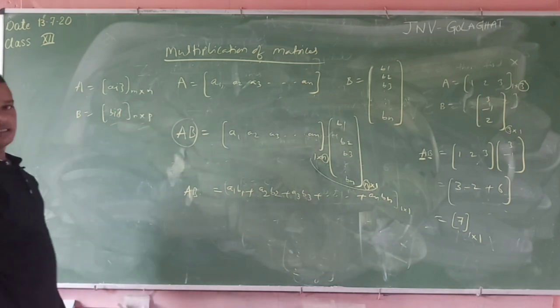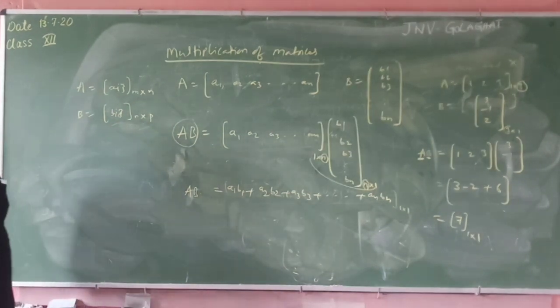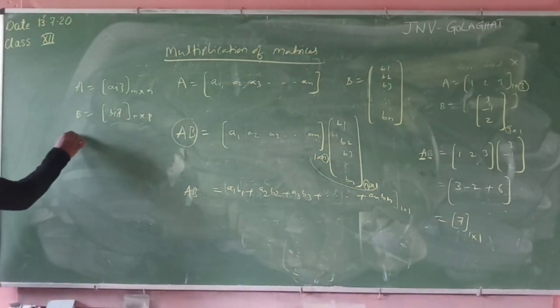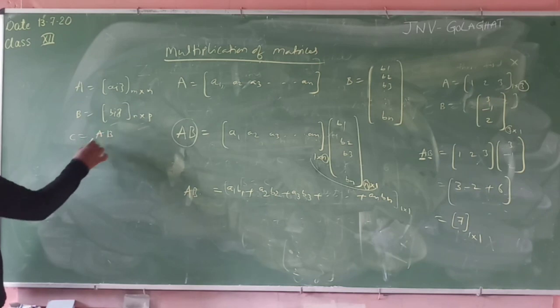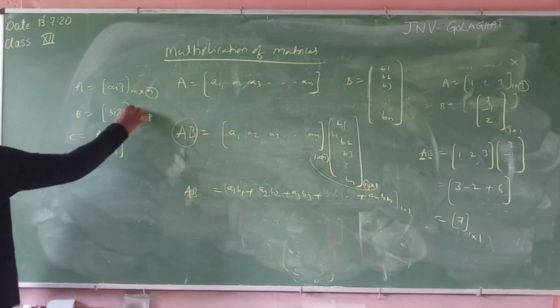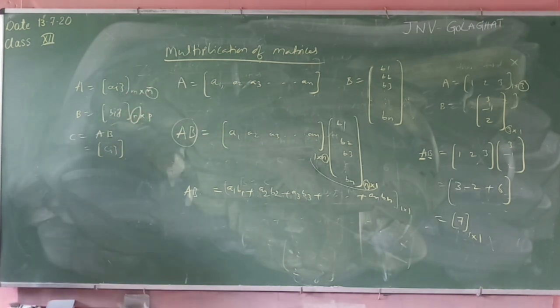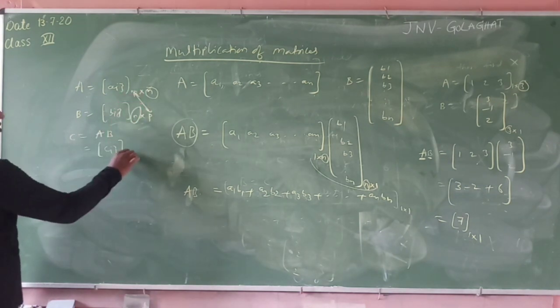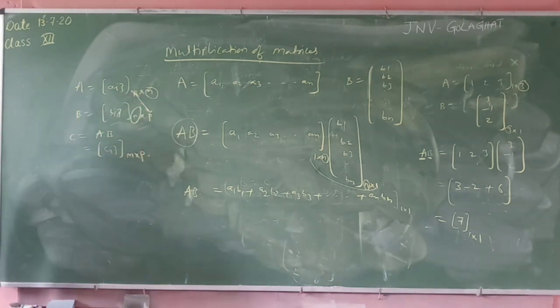Now the product of A and B is conformable, that is, AB is equal to C, which is Cij. The number of columns in the first and the number of rows in the second must be equal. The resultant product has order m by p.